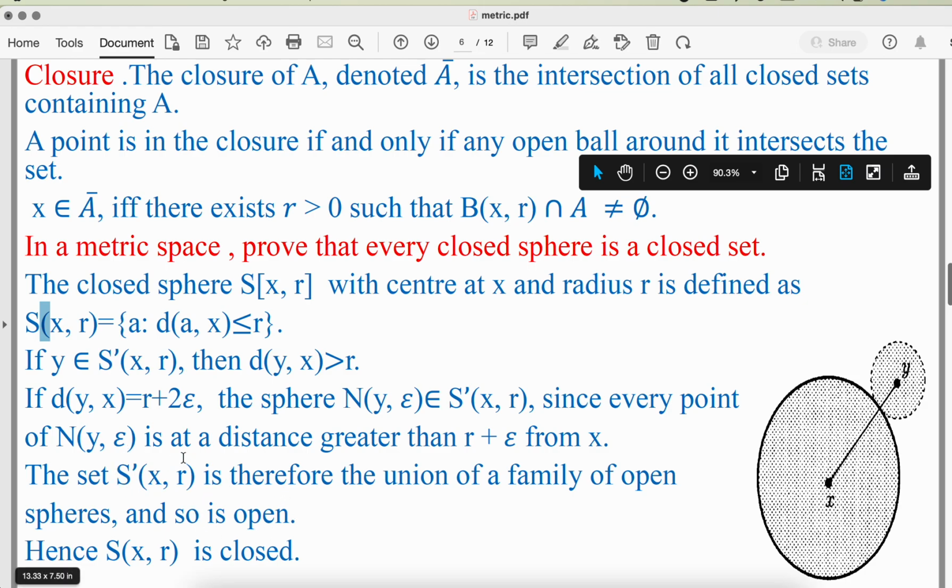If this set is open, and it is the complement of the closed sphere S[x, r], then because it is open, S[x, r] is closed. Here it should be closed bracket. To distinguish between open sphere and closed sphere, we write separate brackets. For closed sphere, we write closed brackets, and for open sphere, we write open brackets. Similarly, for the open ball and closed ball. So, in a metric space, every closed sphere is a closed set.